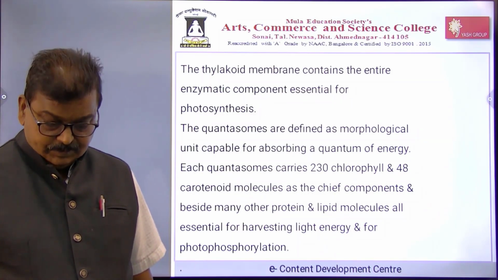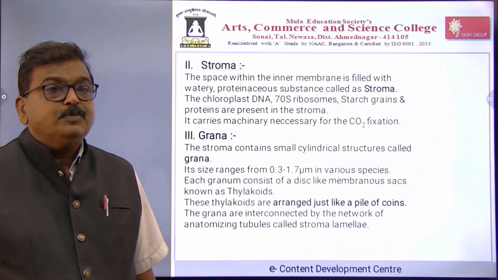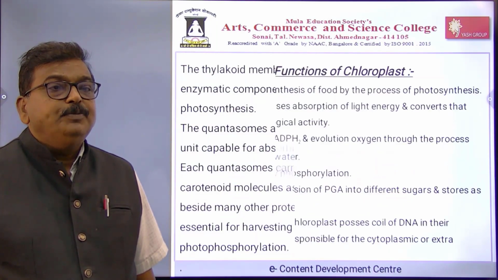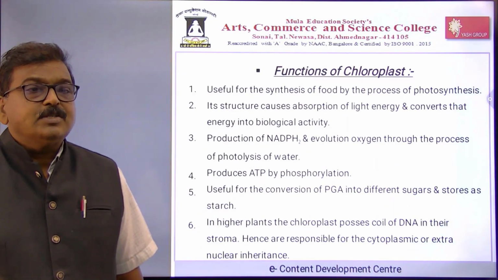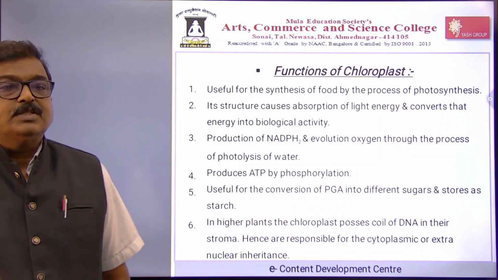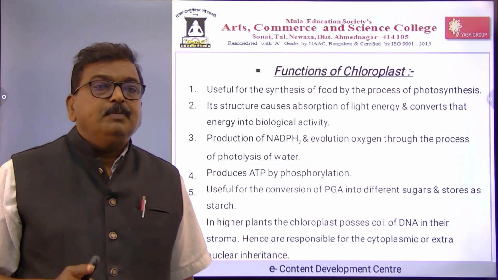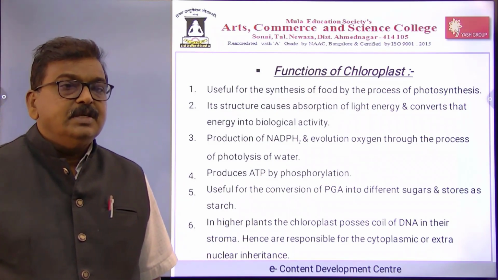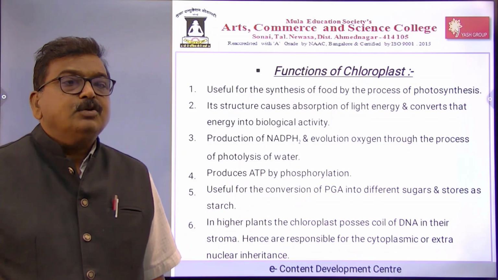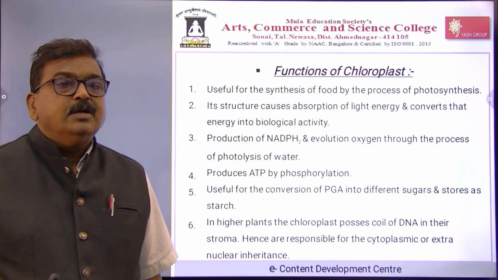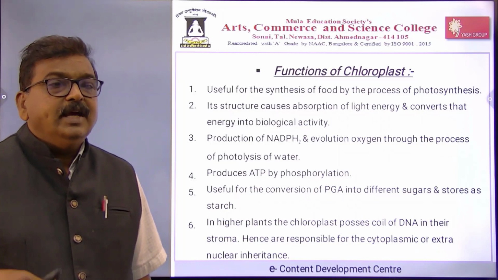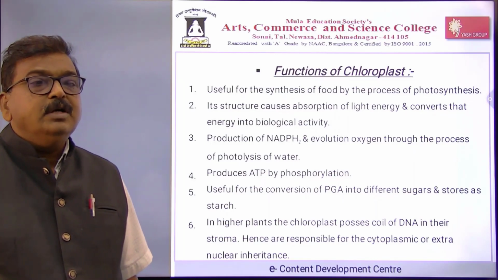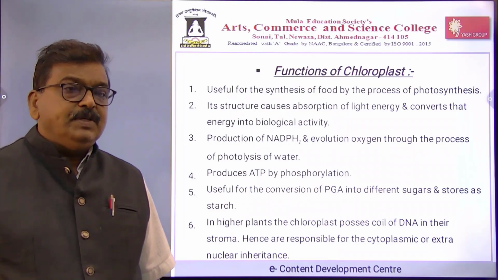Now, the next point, the functions of the chloroplast. First, the chloroplast is useful for the synthesis of food by the process of photosynthesis. Second, the chloroplast structure causes absorption of light energy, and that energy gets converted into biological activity.